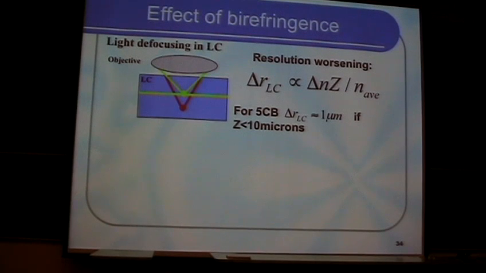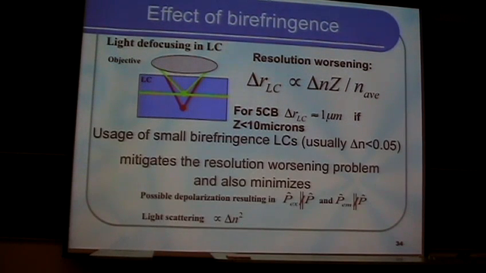So for materials such as 5CB, you can easily estimate that at a delta n of 0.2, a depth of scanning of the order of 10 micron would give you some resolution worsening of the order of 1 micron. But because liquid crystal samples are usually relatively thin, and also many liquid crystal materials have relatively low birefringence, this technique is still very useful for the study of those materials.